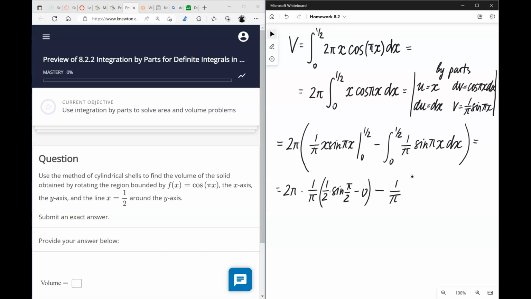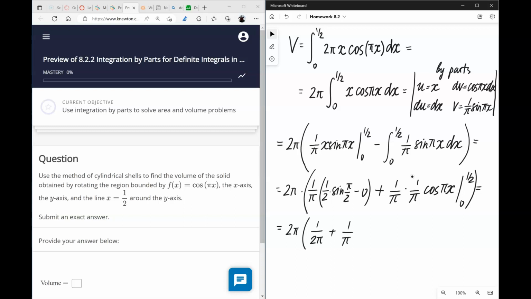Antiderivative of sine is negative cosine of pi x, so it's 1 over pi cosine of pi x with the negative sign. So this becomes positive. And now we plug in these limits of integration here. And 2 pi applies to all of this. So we have 2 pi. Sine of pi over 2 is just 1. So here we have 1 over 2 pi.